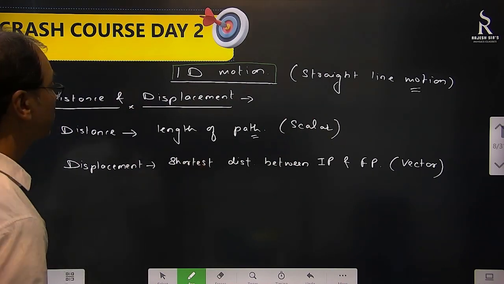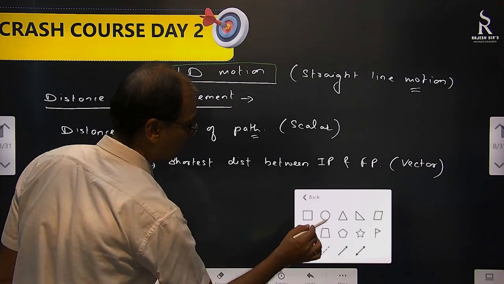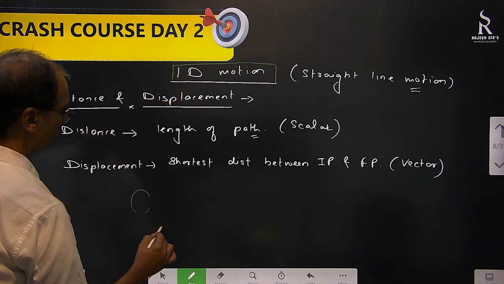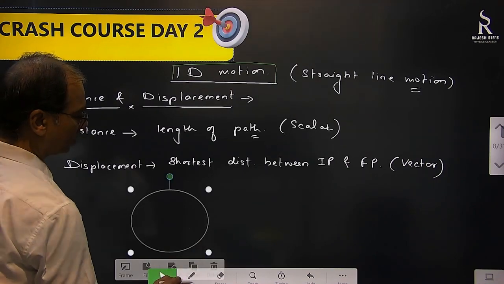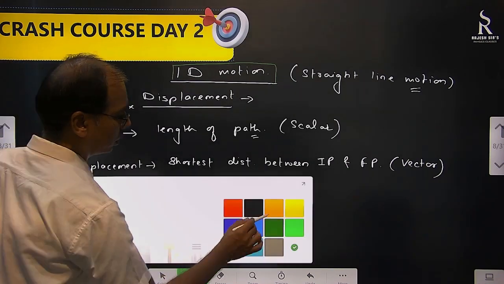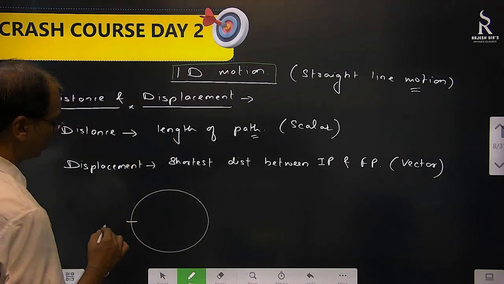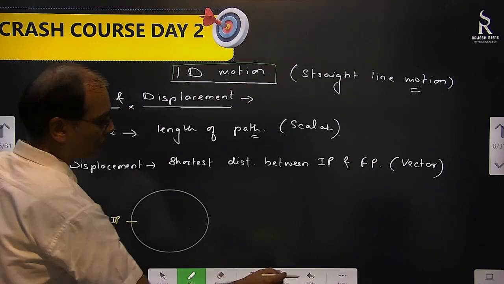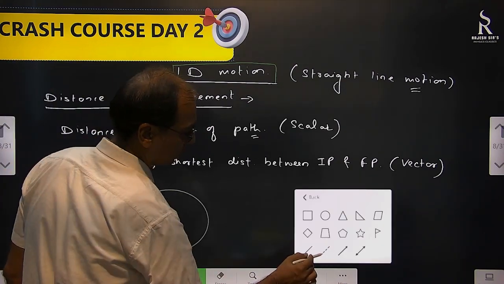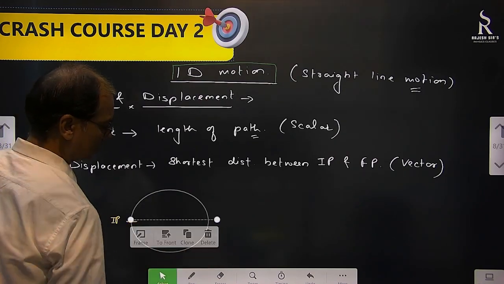Then what else can we say about them? We have to understand. Let's see. Suppose we are starting from this point. This is our initial point, and the final point is the diametrically opposite point, here.